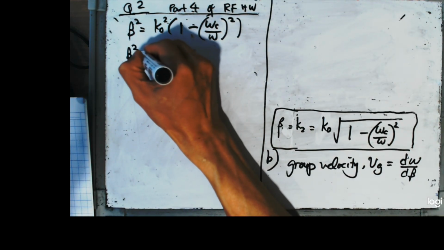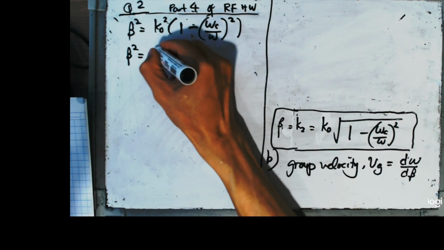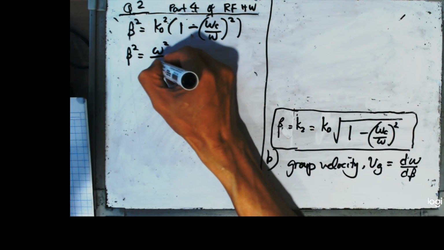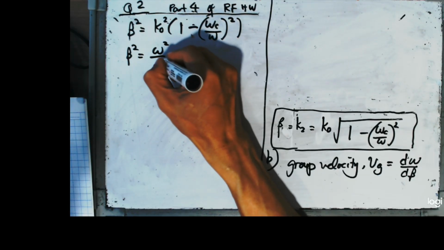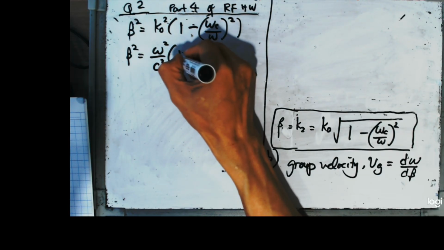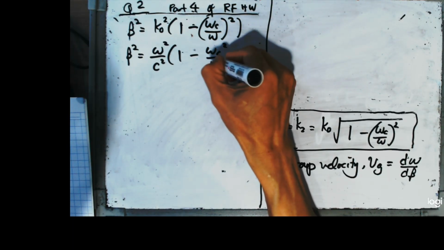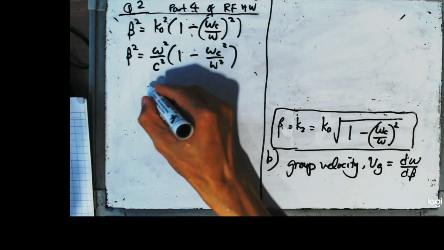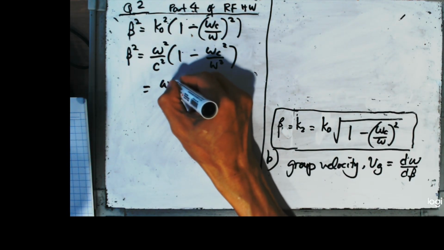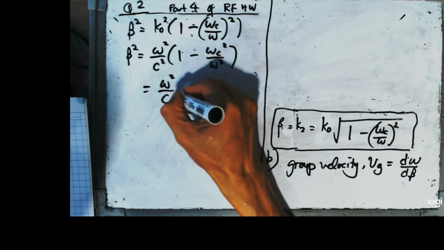Beta squared, where k naught is equal to omega over c, so beta squared is omega squared over c squared times 1 minus omega c squared over omega squared. If you work this out, you will get this.